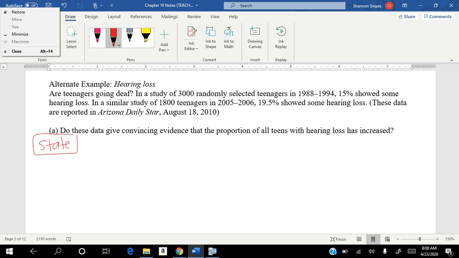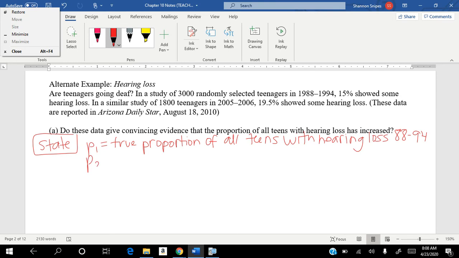All right, so in our state step, we need to define our parameters. P1 is going to be the true proportion of all teens with hearing loss '88 to '94.